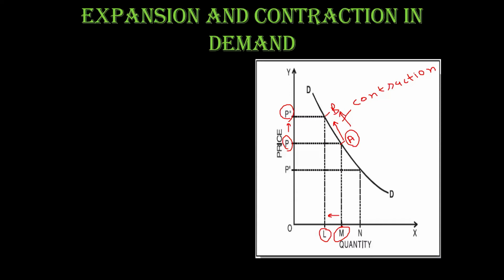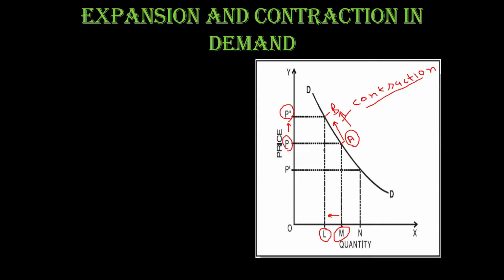This is upward movement on the same demand curve. Is it clear to all? When there is an increase in price, the point will move upward on the same demand curve. It is known as contraction.